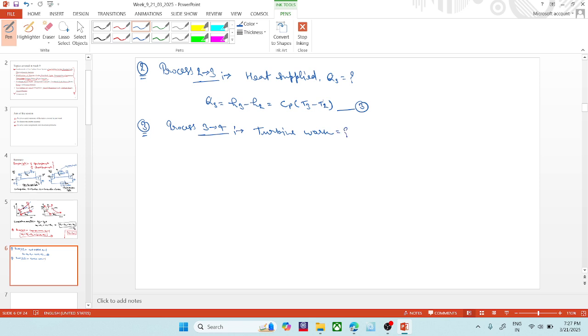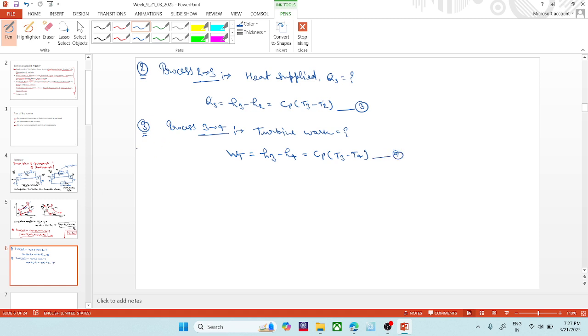Turbine work WT would be H3 minus H4, which is equal to Cp T3 minus T4, my equation number 4.